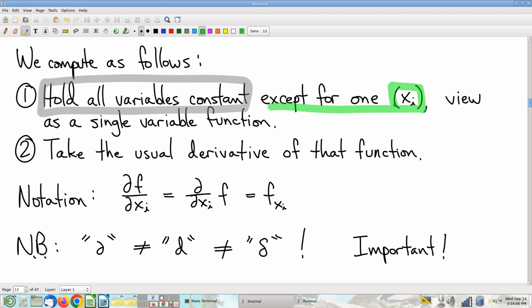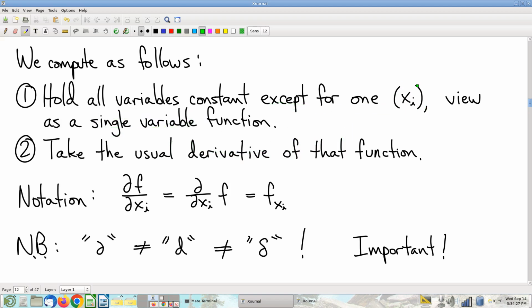And if you think about it, what you now have is kind of a single variable function, because your function may actually depend on several variables, but most of them are constants. Is a constant really not really a variable anymore? So you kind of have a single variable function. Okay, all right. And once you have a single variable function, take the usual derivative. Just exactly plain old, regular old Math 111L derivative.